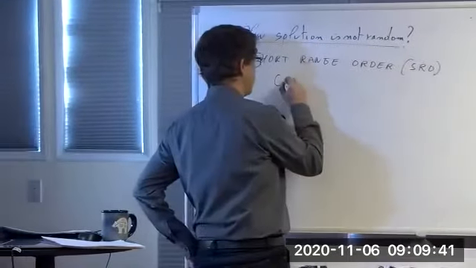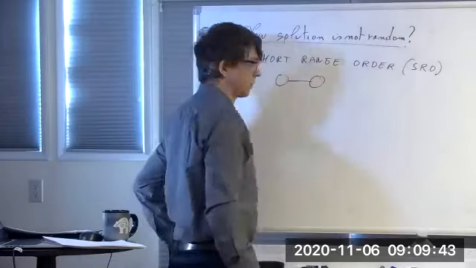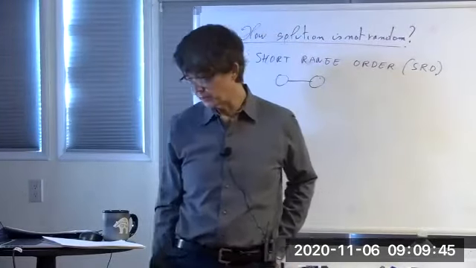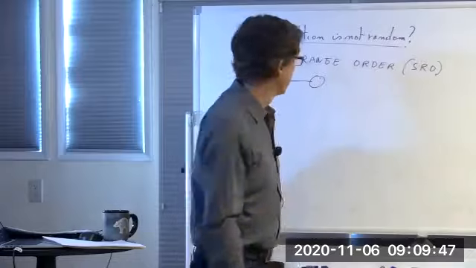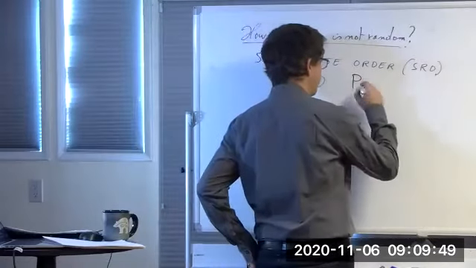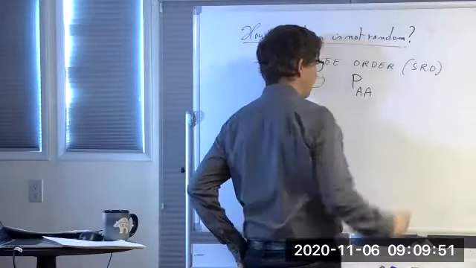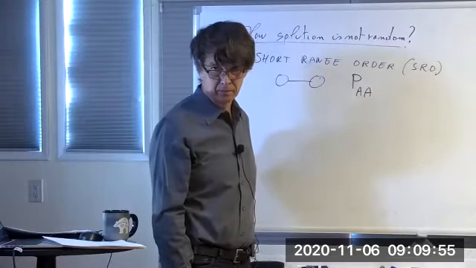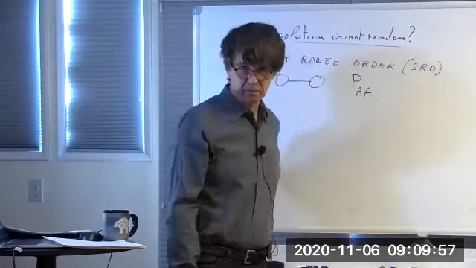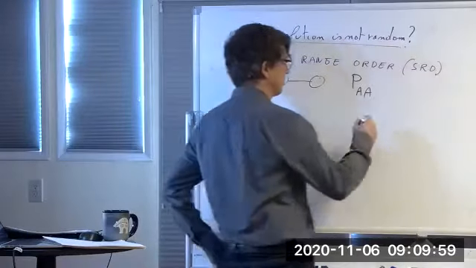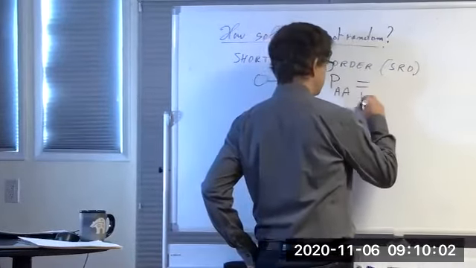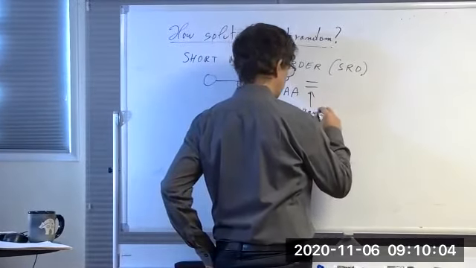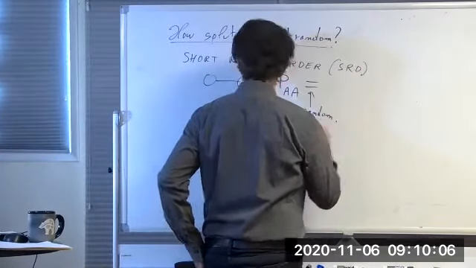So let's say I take a bond, like a nearest neighbor bond. If I want to know the probability that this bond is occupied both by A, well, in the random case, these are uncorrelated.